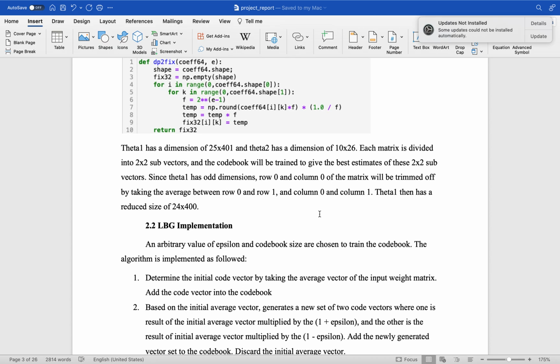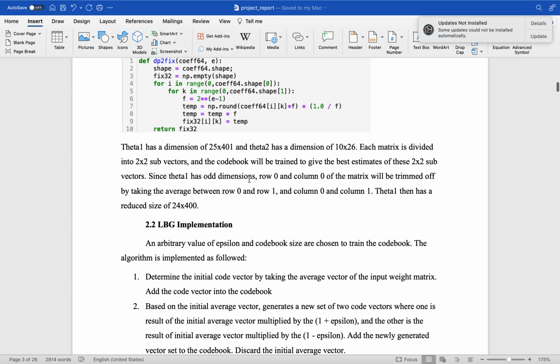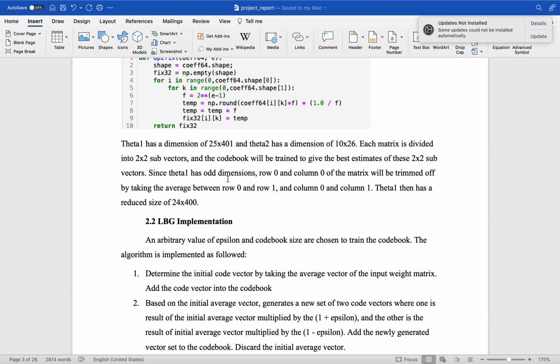Since theta 1 has a really odd dimension of 25 by 401, we cannot split it evenly into 2 by 2 sub-matrices. So we will trim off row 0 and column 0 by taking the average of row 0 and row 1 and augmenting it into one row, and the average of column 0 and column 1 and augmenting that into one column. That will reduce the dimension of theta 1 to 24 by 400.